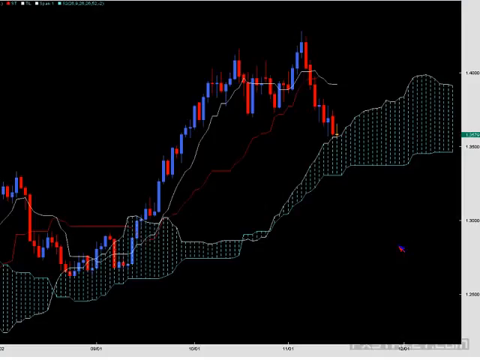The Tenkan takes the last 9 periods of price action. Actually, it doesn't really smooth it out. It takes an average of the last 9 candles and adjusts that in time, so it doesn't quite smooth things out the way a moving average does. It's a little more sensitive to price action. And with that being said, it's still basing itself upon price action.